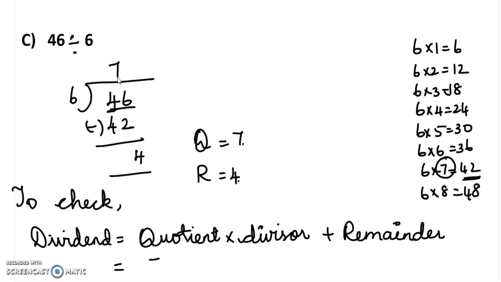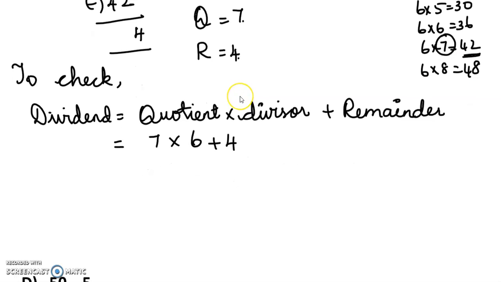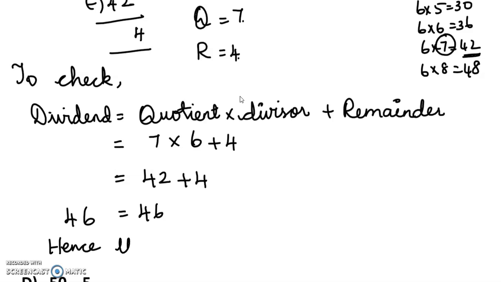So quotient 7 into divisor 6 plus remainder 4. So what is 7 sixes are 42. 42 plus 4, 46. So what is dividend? Dividend is 46. So hence the answer is correct.